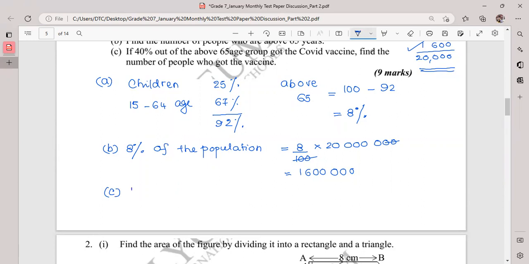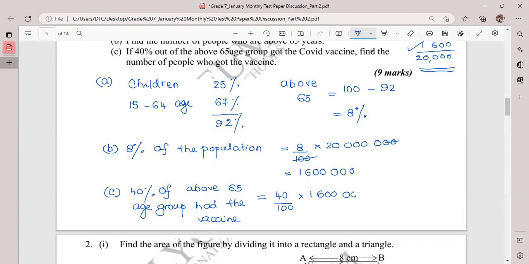So here, 40% of the above 65 age group had the vaccine. How do you find this? So then write 40 over 100 multiplied by 1,600,000. So then you can cancel like this.